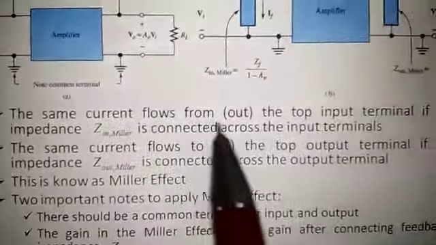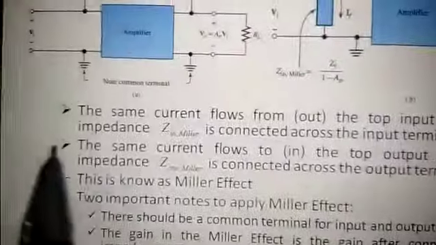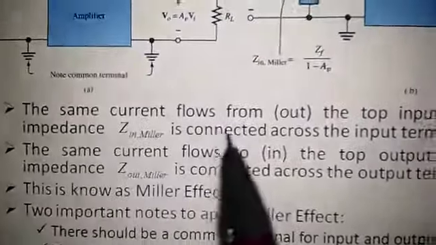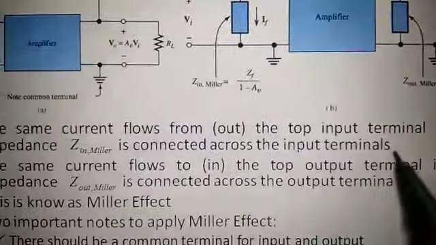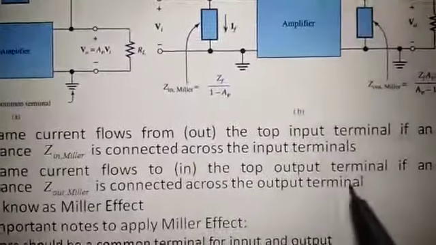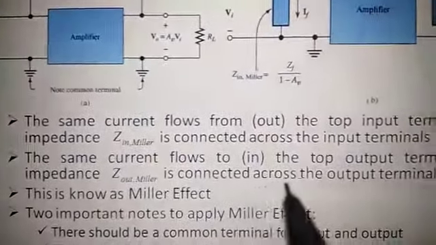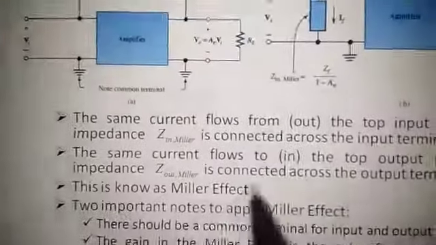The same current flows out of the input terminal if an impedance Z in Miller is connected across the input terminals. The same current flows into the output terminal if an impedance Z out Miller is connected across the output terminal. This is very important.